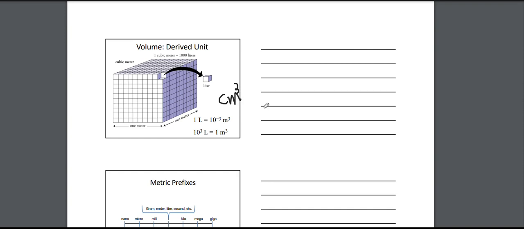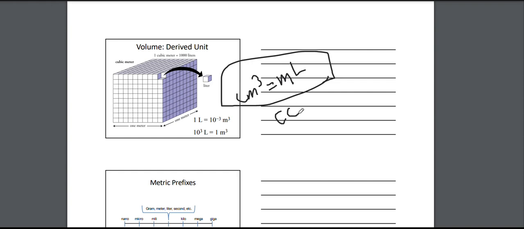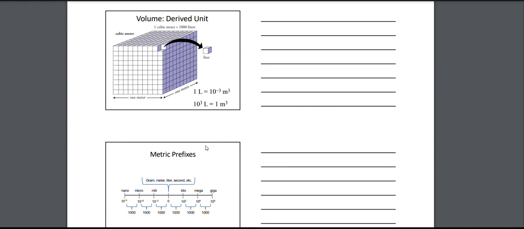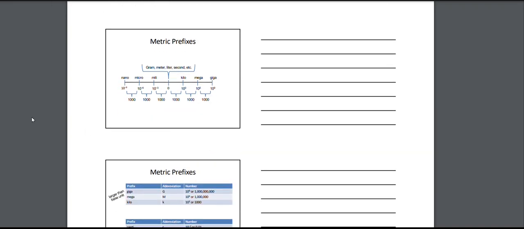A cubic centimeter is equal to a milliliter. If you've ever looked at a syringe, usually it's marked in cubic centimeters, or they refer to it as cc. So that's a milliliter. That's what derived unit for the volume means.